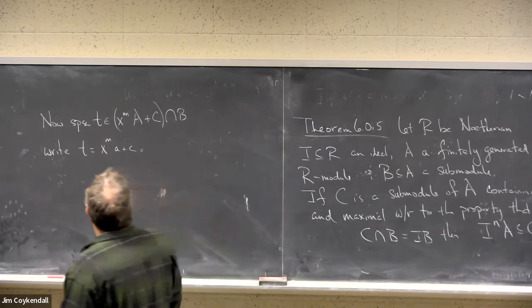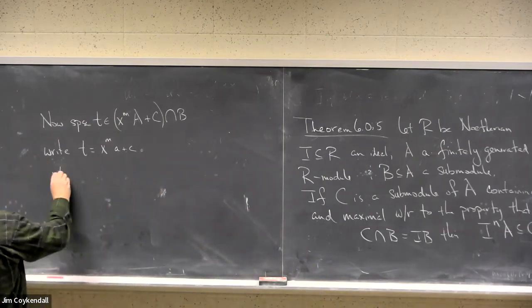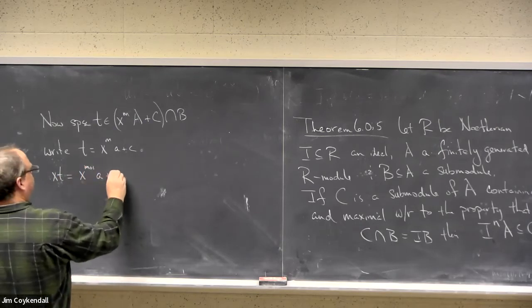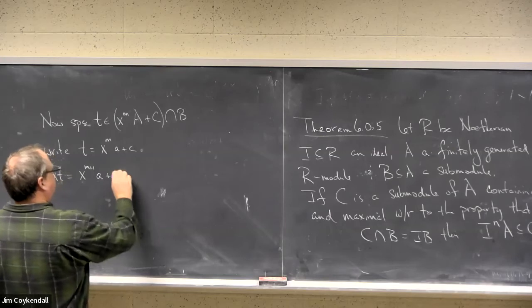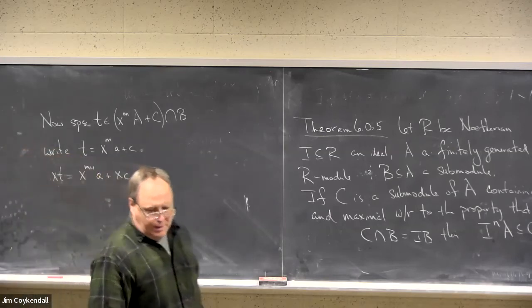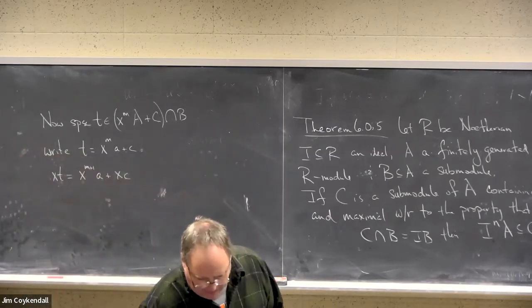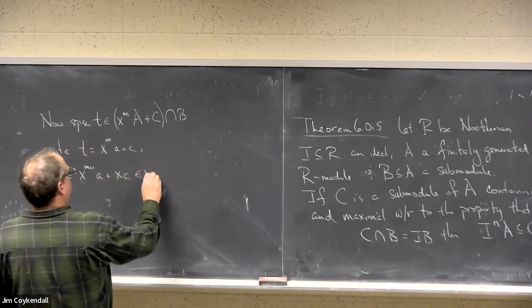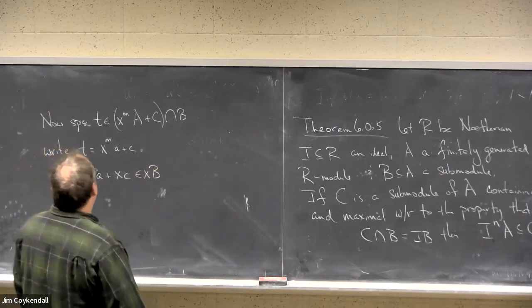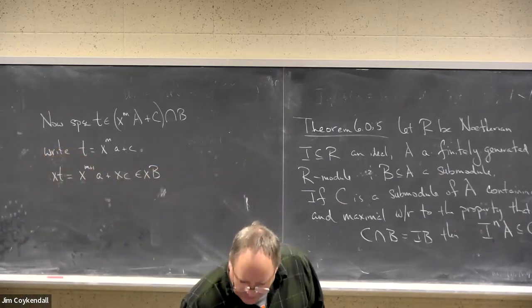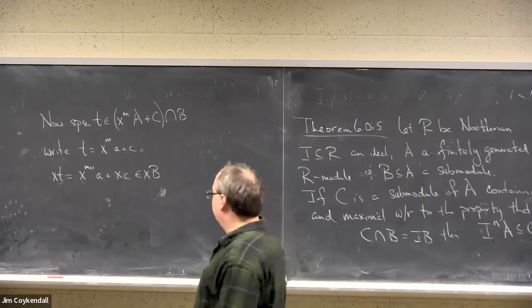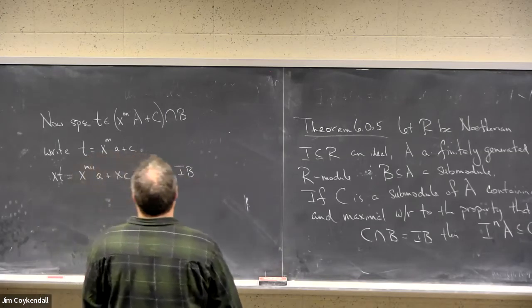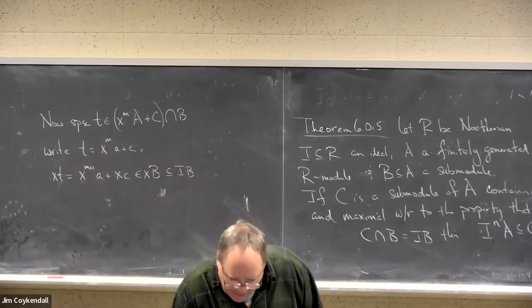Then, now, if I multiply that by X, notice this is in XB, because of course T is in B. And X is contained in I, or XB is contained in IB.